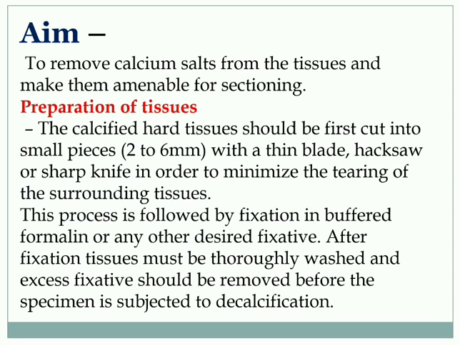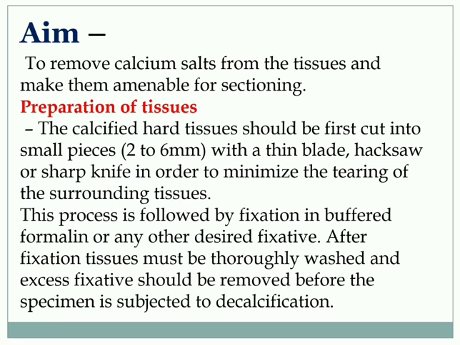Now, to decalcify a certain tissue, we should prepare it. The calcified tissue should first be cut into small pieces of 2 to 6 mm using a thin blade, hacksaw or a sharp knife in order to minimize tearing of the surrounding tissue.